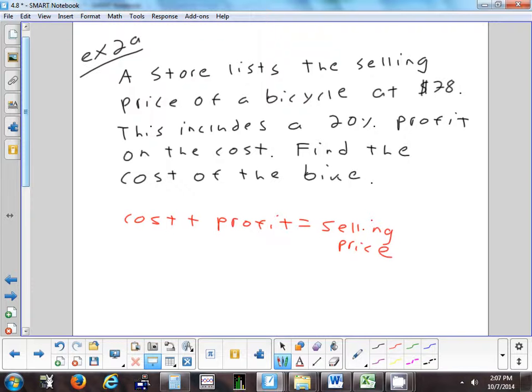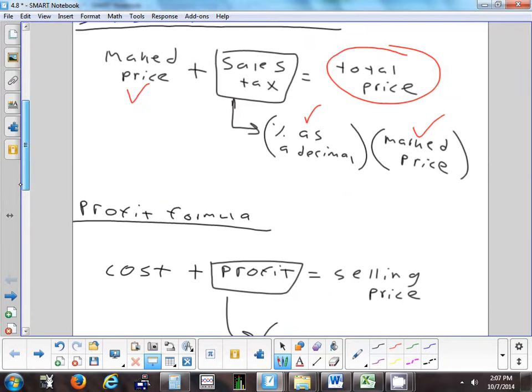Okay, what are we finding in this problem? Cost. We're not going to know cost, so how could we represent cost? C? Yeah, you could use C to remember it's cost. That'd be a good variable. Cost plus profit. Now we have to look, how do we find profit? Let's look at the formula.